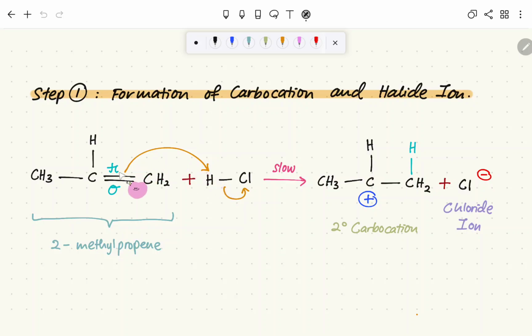So one of the pi electrons from the double bond breaks off and reaches the partially positive hydrogen. This is shown by a curved arrow starting from the double bond and pointing towards the hydrogen. This move causes the hydrogen-chlorine bond to break.